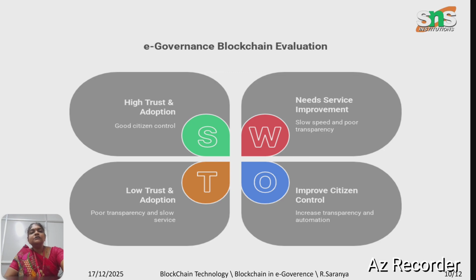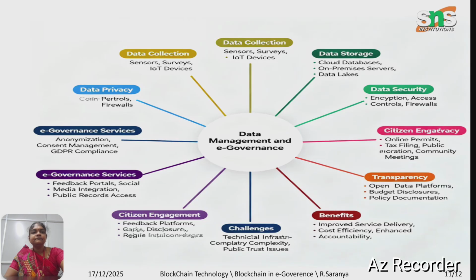The government also should establish a regulatory system in order to regulate all the rules and regulations on e-governance when we are using the blockchain. So these are the advantages of using the blockchain over the data management in e-governance.